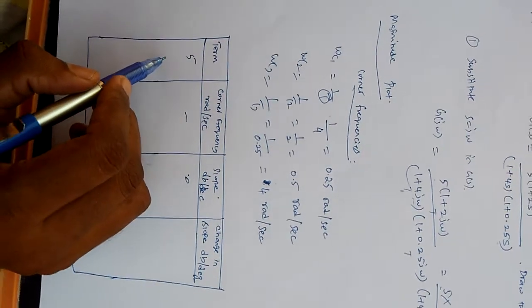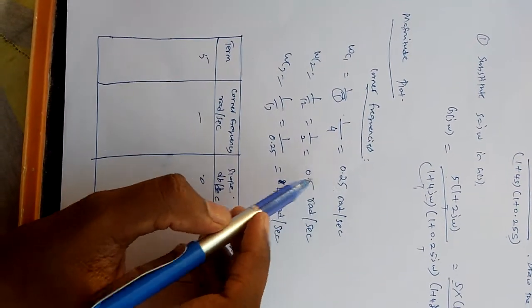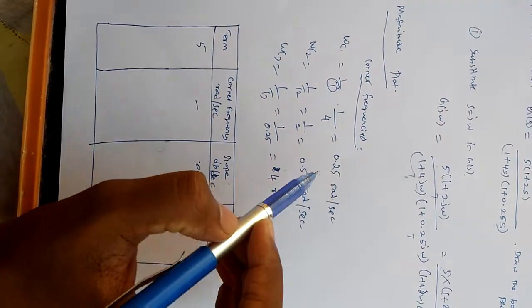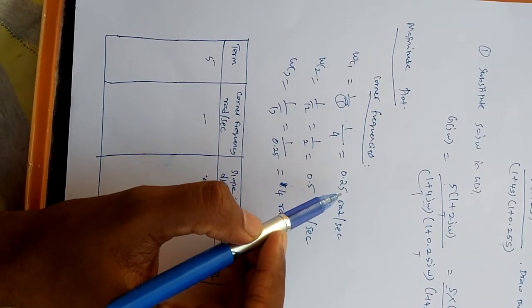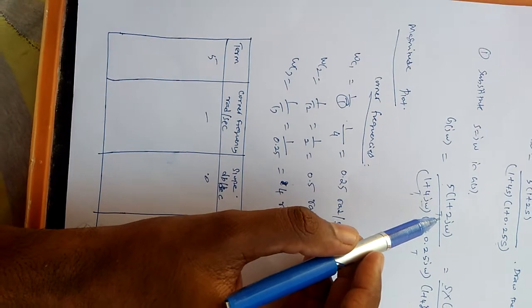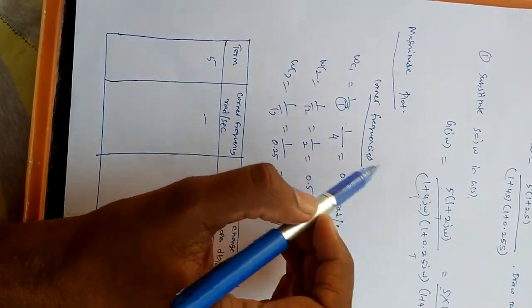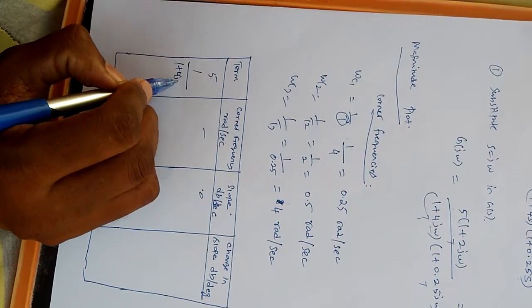For the second term, you have to take from the ordered list the term with the least corner frequency. The least corner frequency is 0.25, which comes from the term 1 by (1 plus 4j omega).